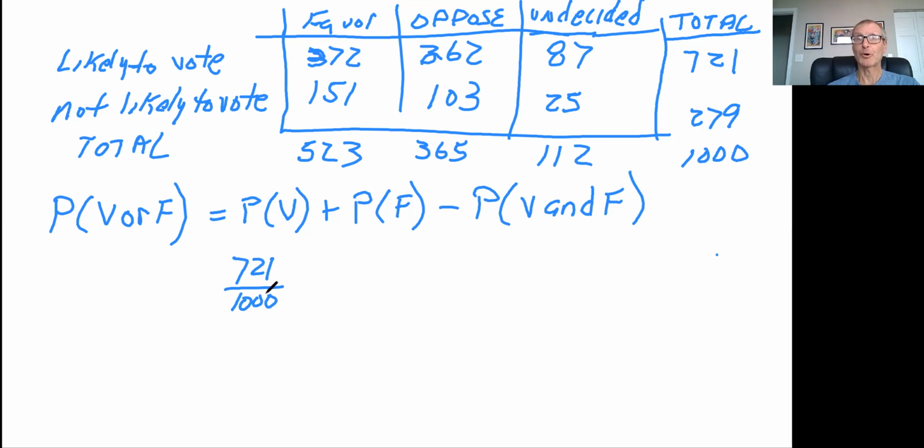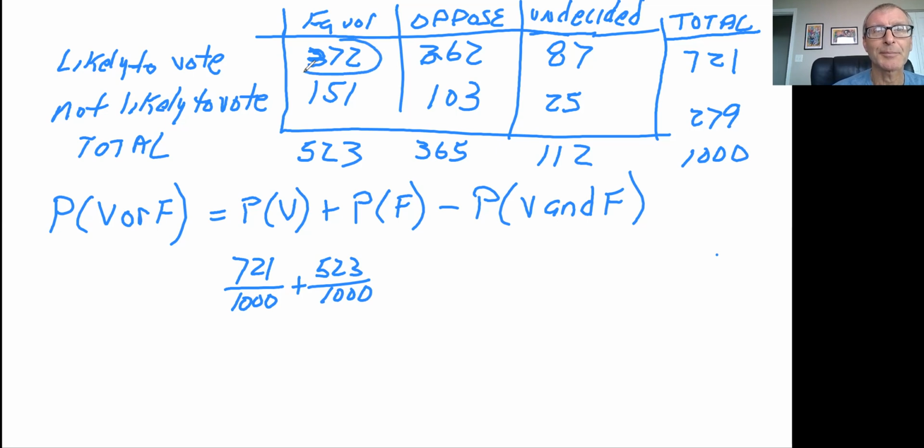So what is the probability of a voter being in favor of the law? Well, that's this column here, right? 523 divided by 1,000. And then the question is, where's the overlap? Well, the overlap is being in favor and voting.